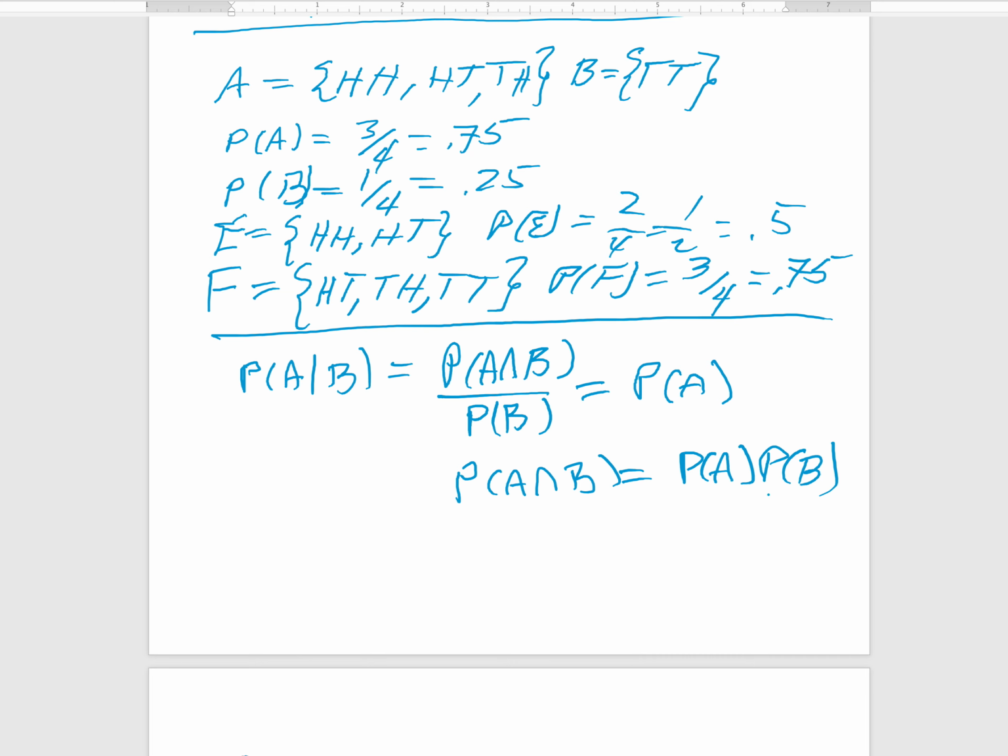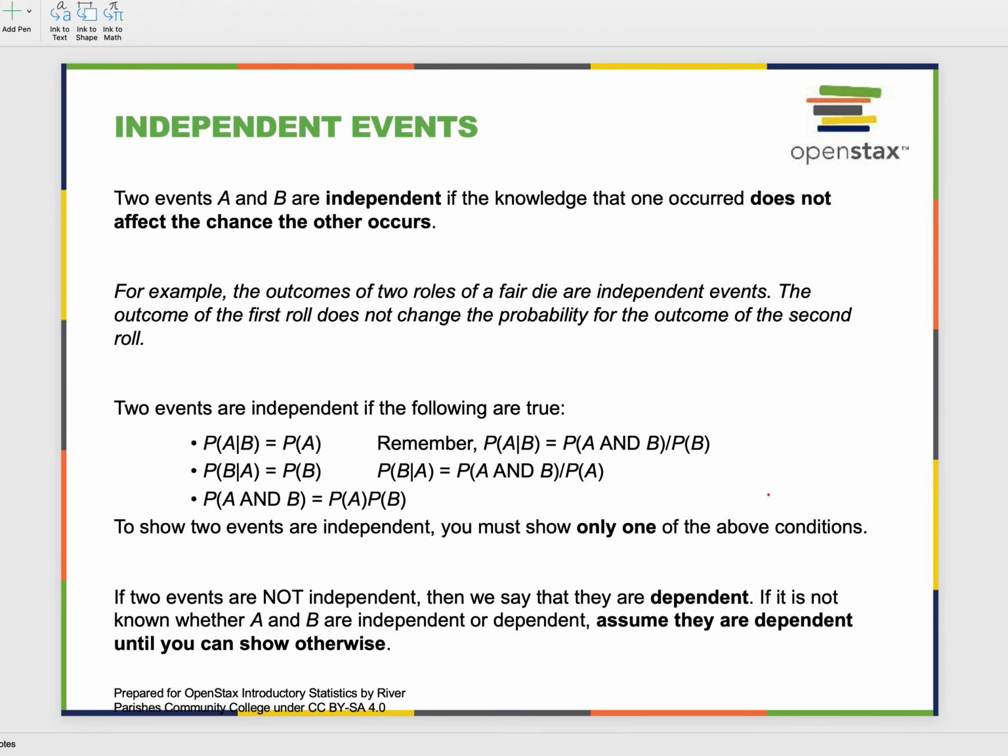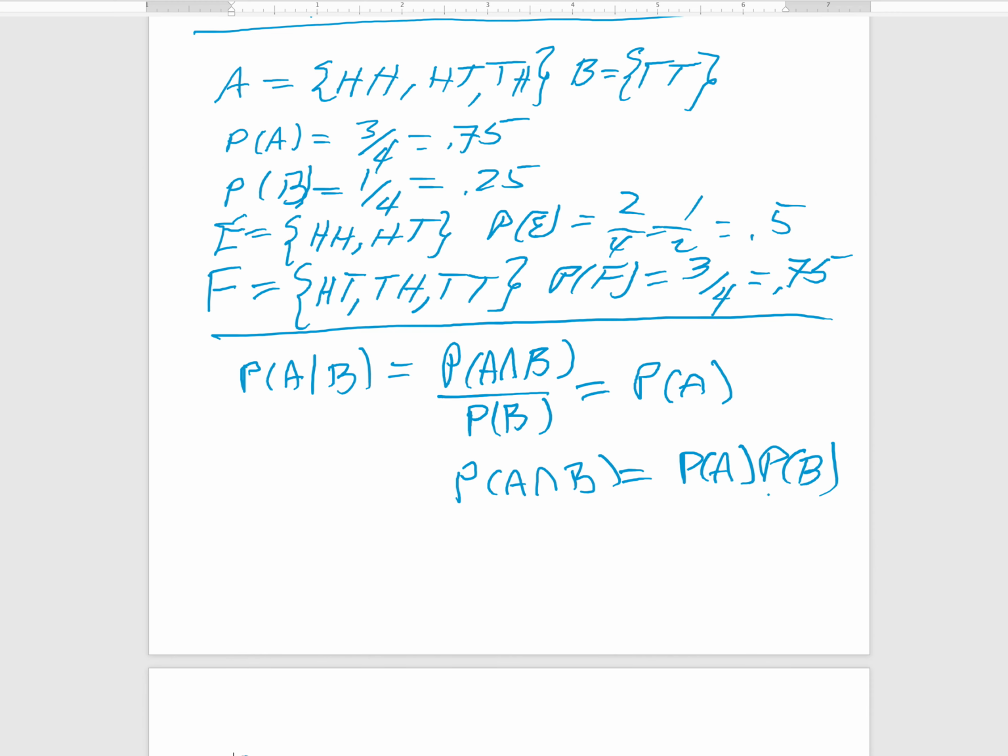Okay. So now I can start using this to do some calculations. If two events are not independent, they are said to be dependent. If it is not known whether the probability of A and B are independent or dependent, assume they are dependent until you can prove otherwise. Now, let's go back to this.